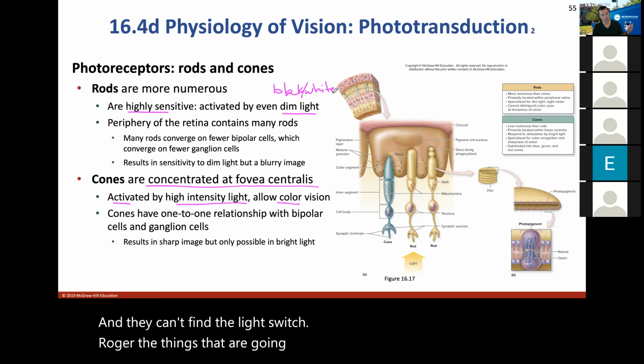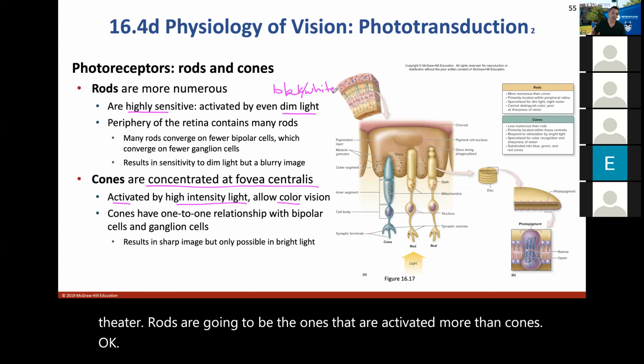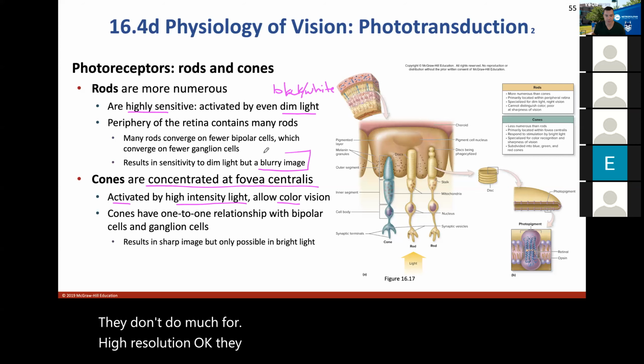You're in a dark movie theater. Rods are going to be the ones that are activated more than cones, okay? They don't do much for high resolution, okay? They give a very blurry image, okay?